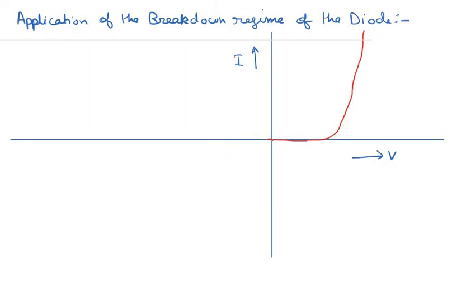Again, it's slightly difficult to draw here, but then suddenly the diode enters the breakdown regime around here, and the current increases very sharply with the applied voltage.